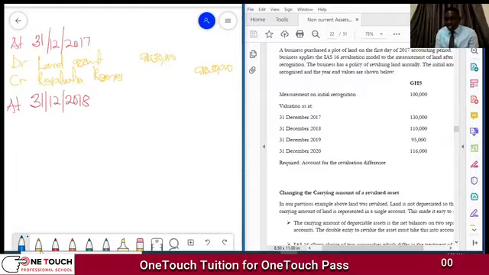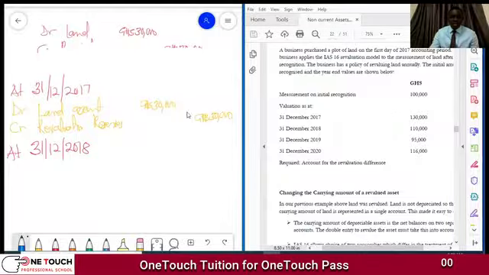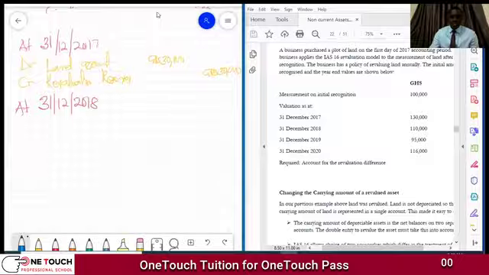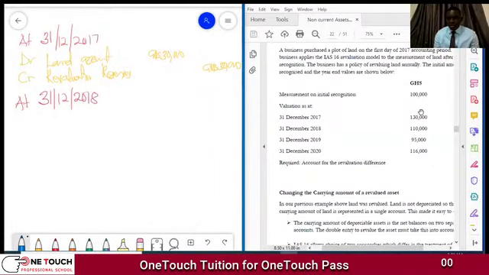At 2017 year end, the value was 130. Now on 31st December 2018, the value has come to 110, meaning there has been a decrease of 20,000. Okay, there's a decrease of 20,000.